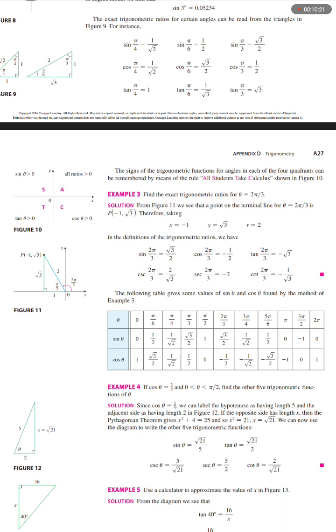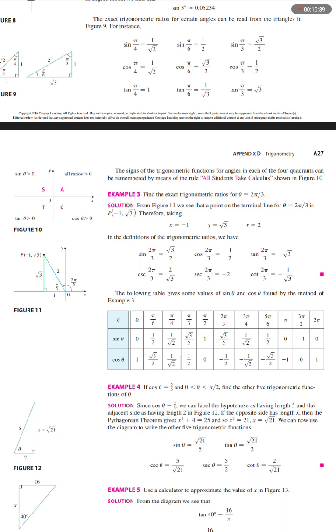The cosecant of 2 pi over 3 equals 2 over square root of 3.